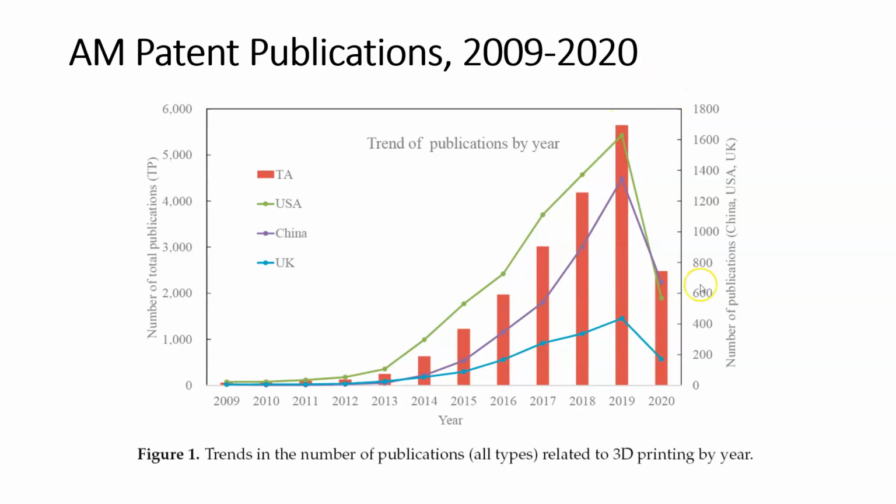Now, I would also like to point out, you'll see that there is a big dip right here. Of course, this is the dip that we would expect during a pandemic, right? So yeah, in 2020, right in the middle of the pandemic last year, there was a pretty sizable dip in patents. But other than that, we still see the exponential growth of patents year by year.